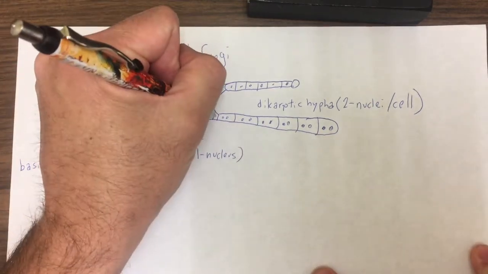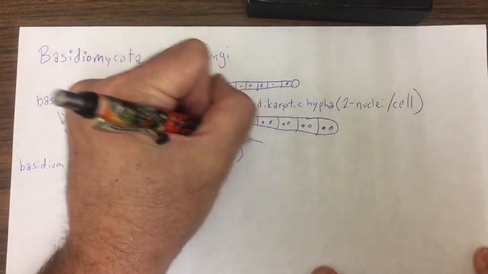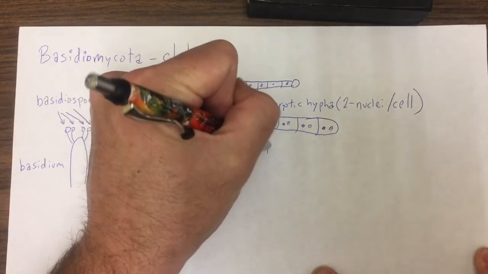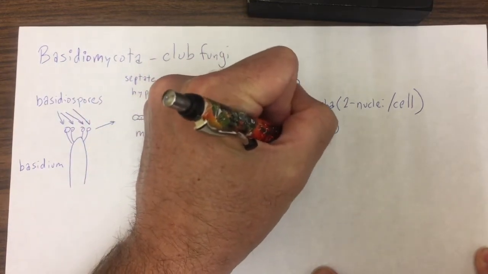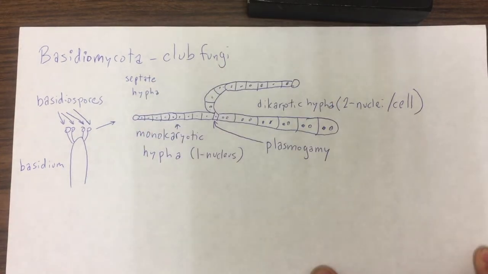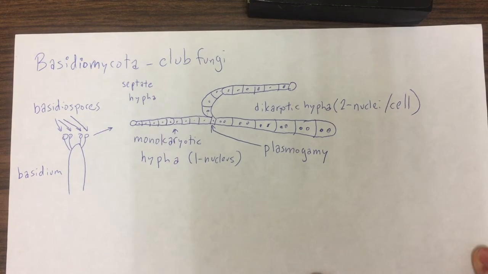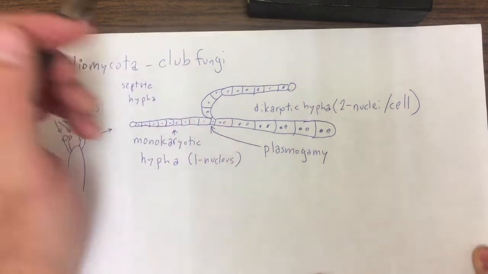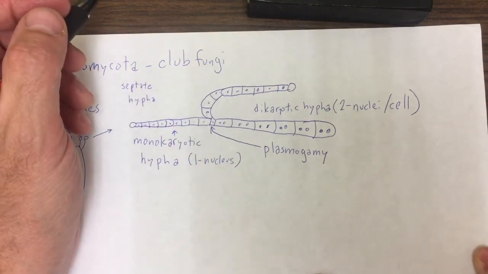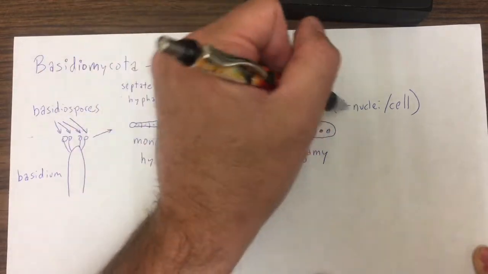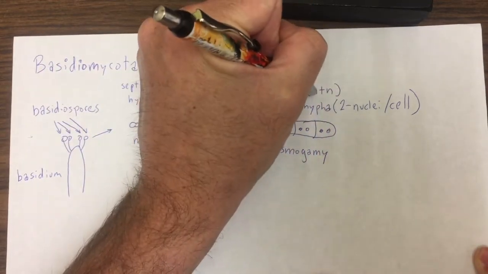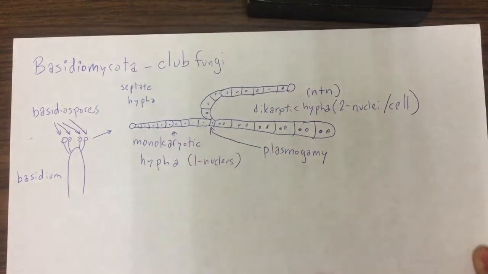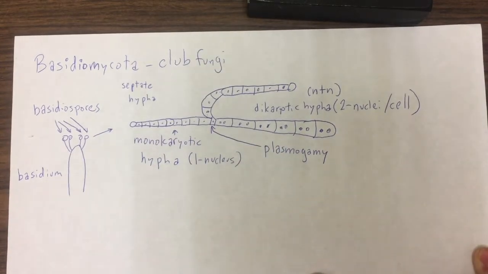Very long time. So what's happening here in this junction is plasmogamy, or fusion of the plasma membranes of 2 cells. And this dikaryotic hypha, we describe it not as being truly haploid or diploid. We refer to it as being N plus N, is how we indicate that it's dikaryotic.